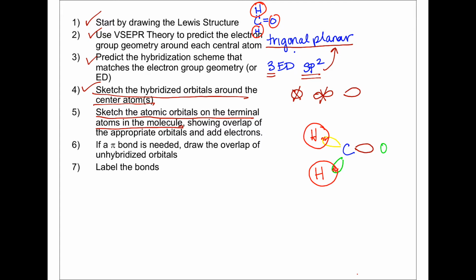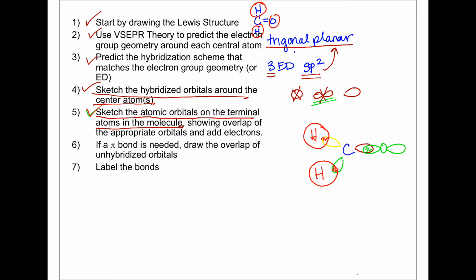Oxygen's in the p block, so it's going to bond with its p orbitals. So that's why I'm drawing 2 lobes, because p orbitals have 2 lobes. And I'm going to draw some electrons in there.